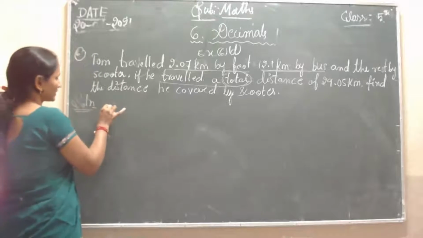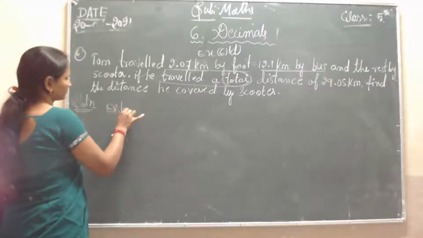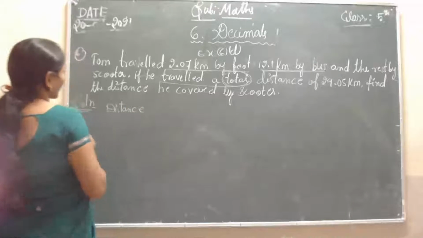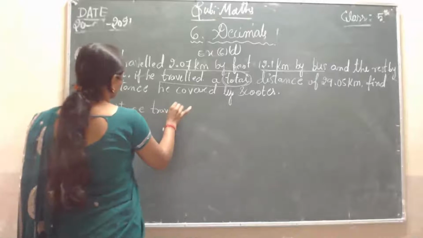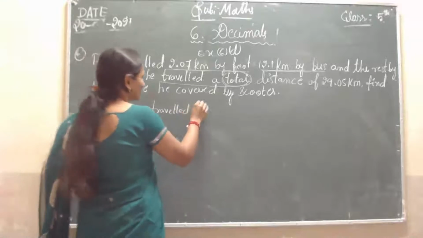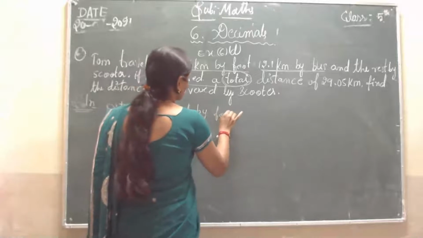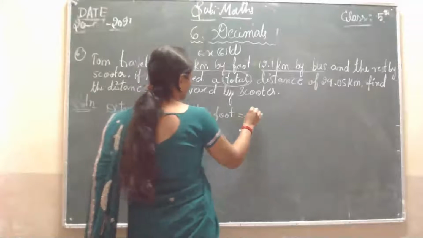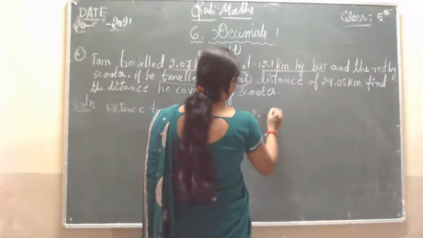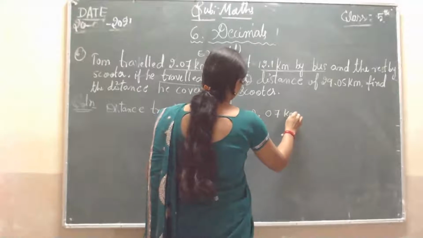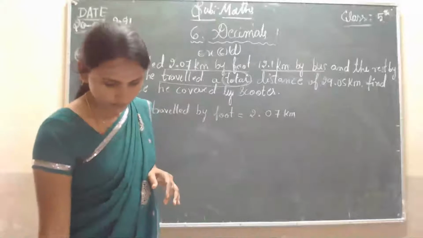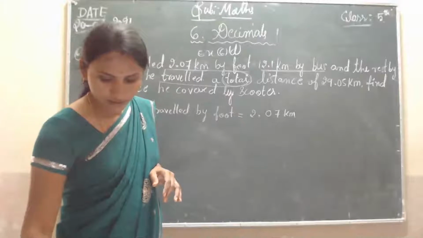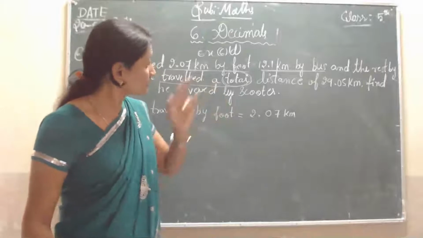Solution: distance traveled by foot. So that is 2.07 kilometer. Okay, so next, after distance traveled by foot, that is by bus.